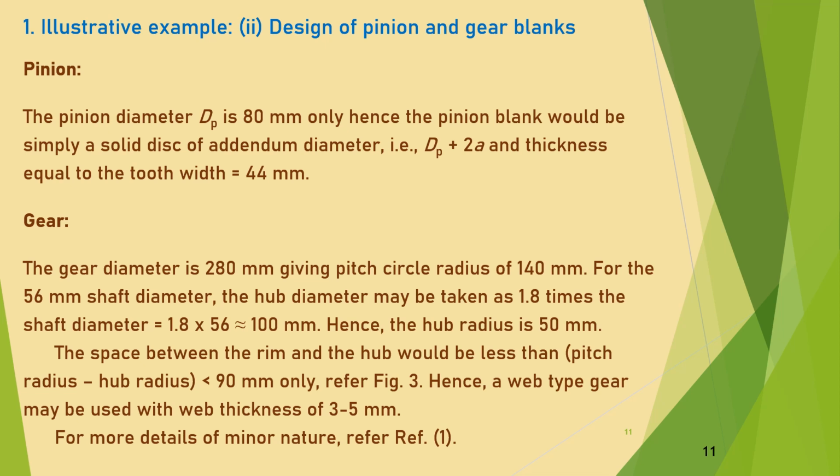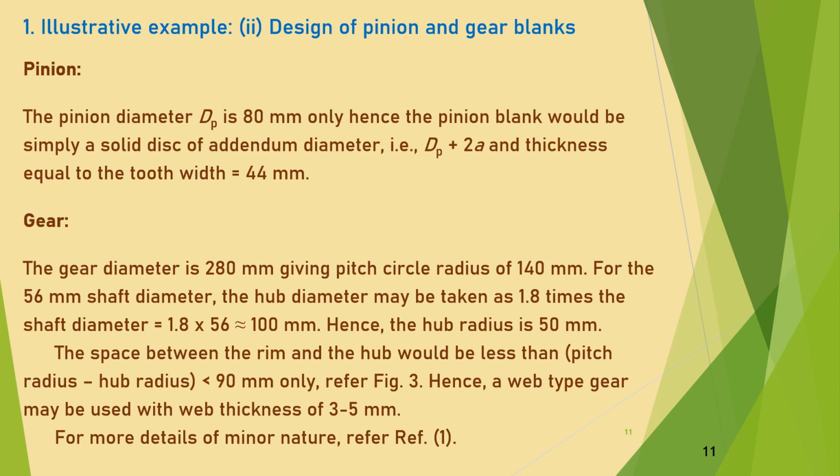The gear diameter is 280 mm, giving pitch circle radius of 140 mm. For the 56 mm diameter shaft, the hub diameter may be taken as 1.8 times the shaft diameter, that is say 100 mm. Hence the hub radius is 50 mm.